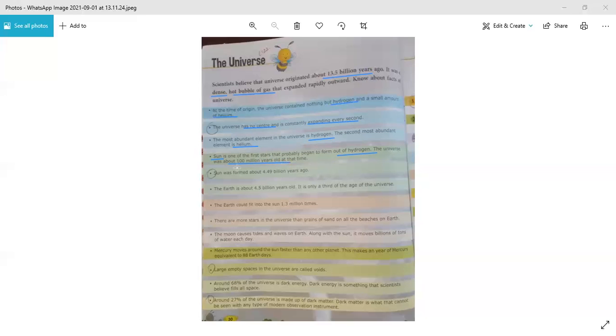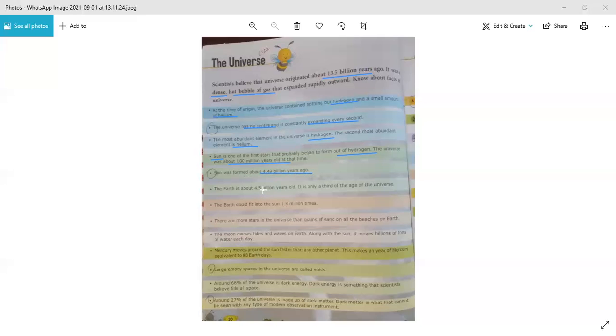So you have to learn this concept that the sun was the first star that was formed out of hydrogen, and the universe was near about 100 million years old when the sun was first formed. Otherwise, when was the sun formed?